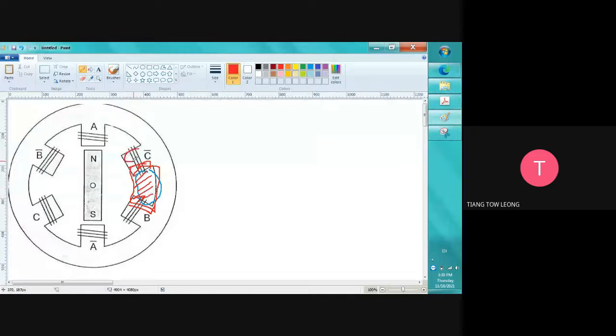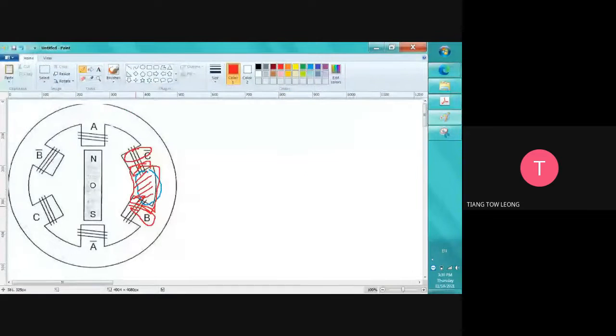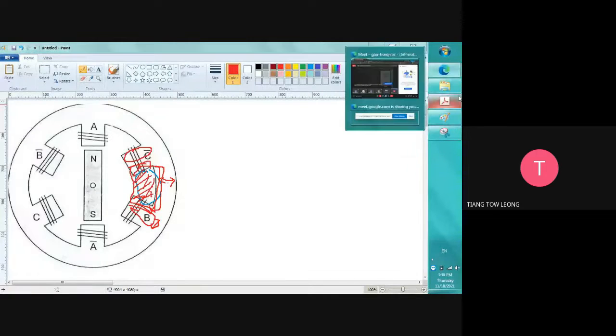Then this teeth will be decreased. This is the so-called tooth width and the stator yoke. Tooth width is this one, the width of the tooth, and then the stator yoke is here. It will be decreased because the slot will be increased, right? This is just the explanation, right?